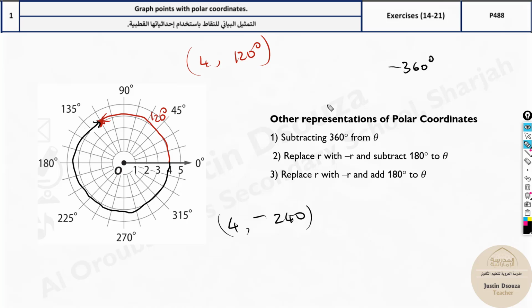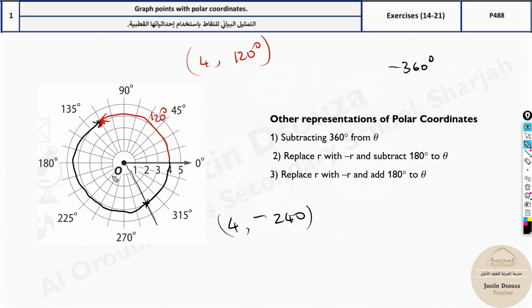Then what about the other thing? If this is 120, you can even go over here, this line. Can you see this line? And then you can trace back to the opposite side. That means go backwards. That is also fine. So you must reach this. What is this degrees now? This is 270 to 300.